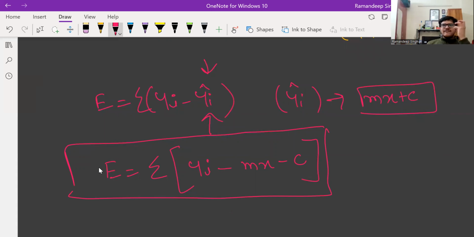What is in my hand which I could minimize? What are the terms? These two are the terms in my hand. This is given to me in the data, and this is also given to me in the data, or a new value of x could be given to me and I will predict my yi hat through this.